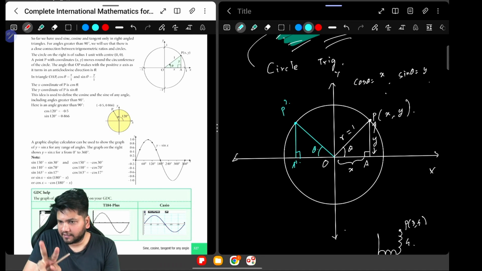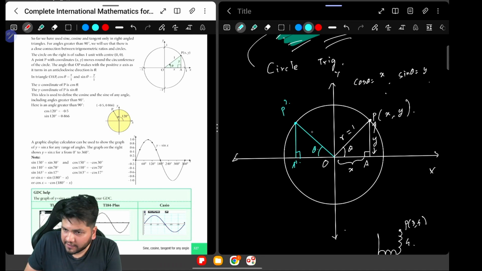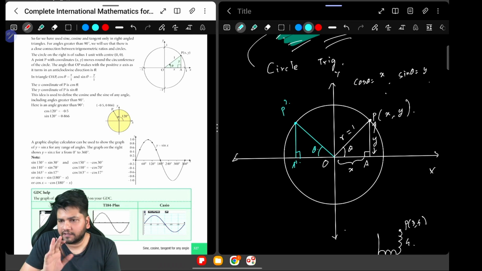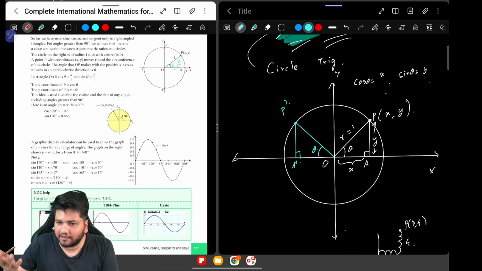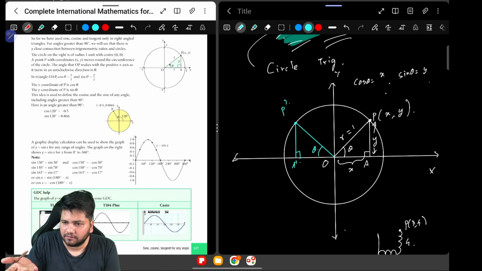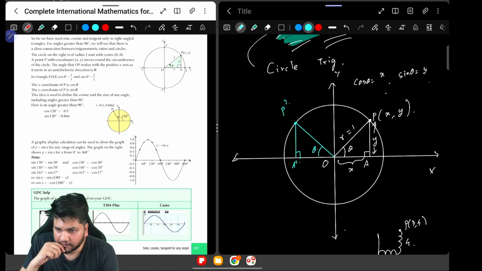Both the angle theta is the same. Obviously, radius is also 1. So, do you agree that the triangles are congruent? Right angle hypotenuse side test, or ASA test. Whichever test you want to take, you can consider. So, obviously, the triangles are congruent.